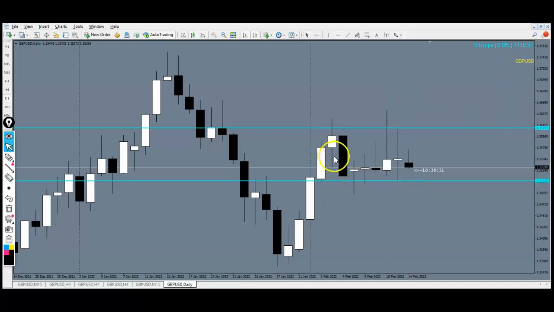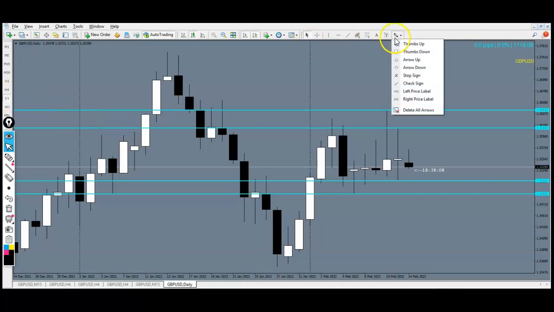This is on the daily chart. Then I'll mark the highest high that I've seen in the recent price action, and the lowest low of the last few candles.